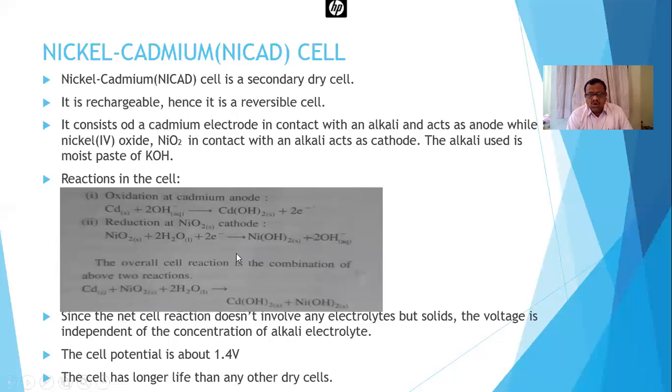When we talk about the overall reaction, the combination of these two reactions takes place. Nickel oxide combines with cadmium and water to form cadmium hydroxide along with nickel hydroxide.